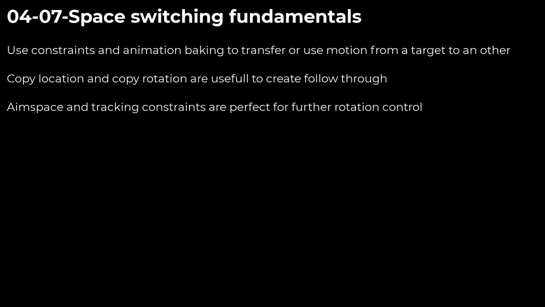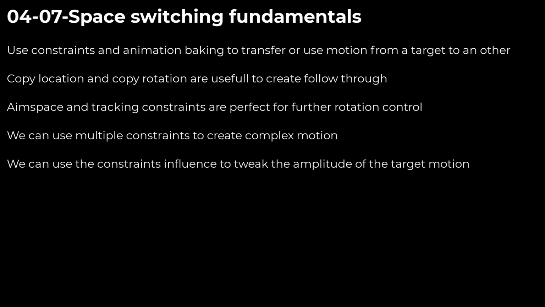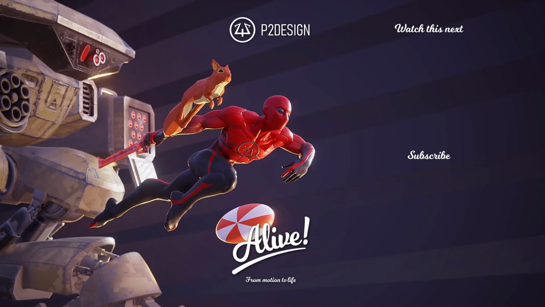We can have even more control over the rotation of the target using a tracking constraint such as the damped track constraint. We can use multiple constraints to create a complex mechanism in a few clicks. And finally, we can use the influence of the different constraints to add more or less amplitude to the motion we are creating.